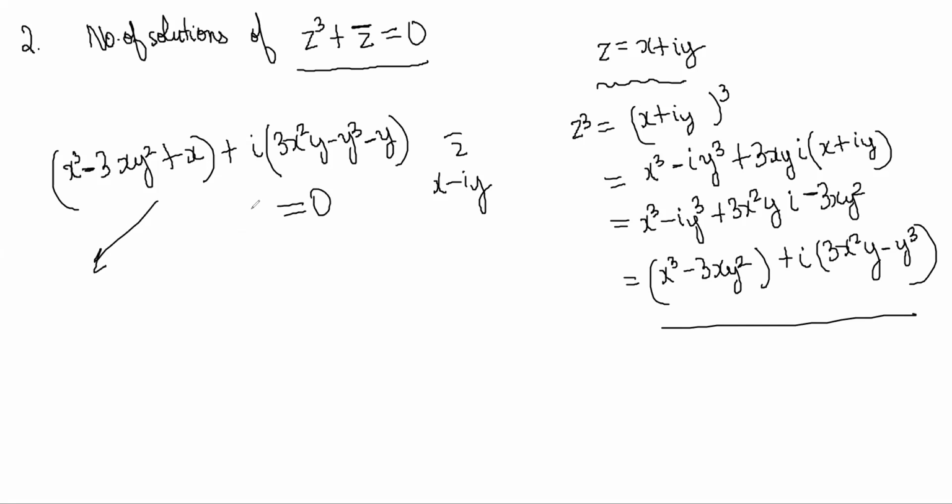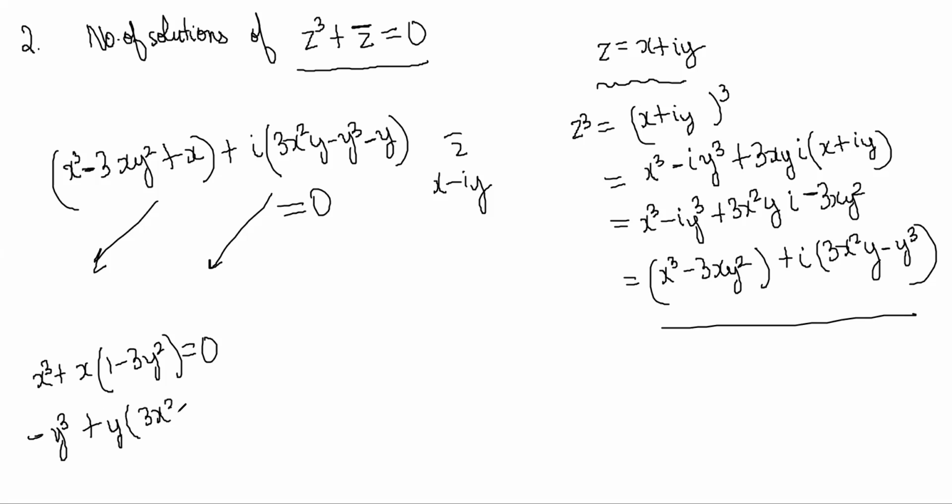So this boils down to two separate equations: real part and imaginary part are both 0. x cube plus x times 1 minus 3y square is equal to 0, and another equation is minus y cube plus y times 3x square minus 1 is equal to 0.